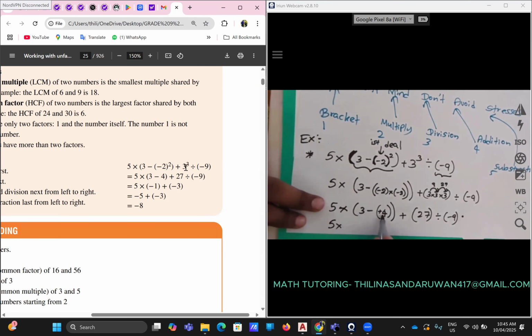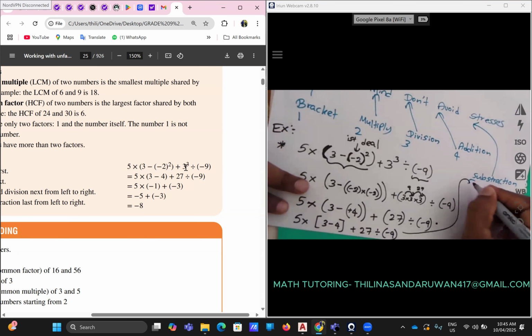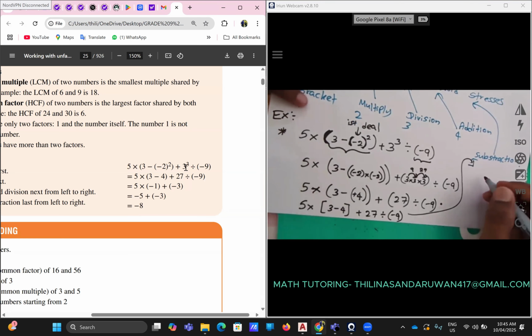Minus multiplied by a plus number means a minus, which means 3 minus 4 plus 27 divided by minus 9. 3 minus 4 is minus 1, plus 27 divided by minus 9.